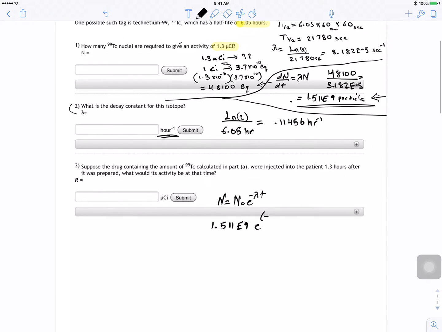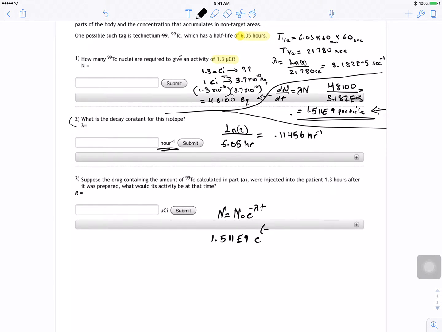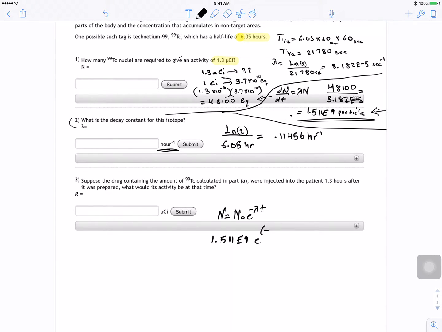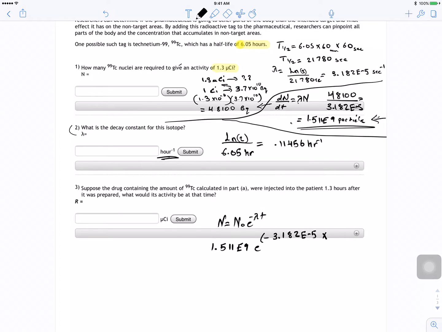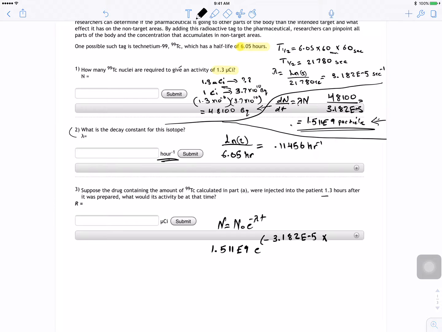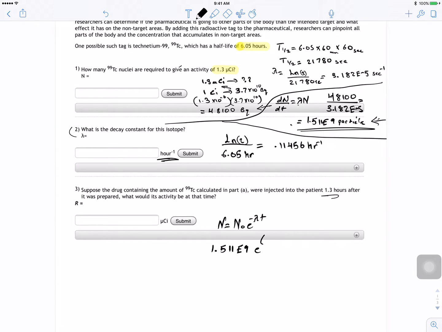Here we need to make sure that both of them have the same units. So I'll use the second one, 3.182 e to the negative 5, or actually they're using the hours in here, so I have to use the hours. Or I could change 1.3 to seconds, but I have the hours one.